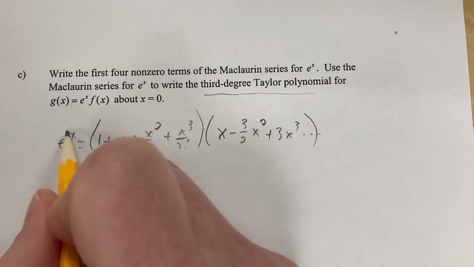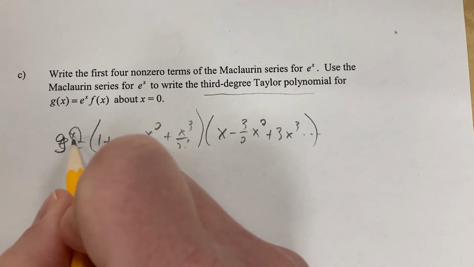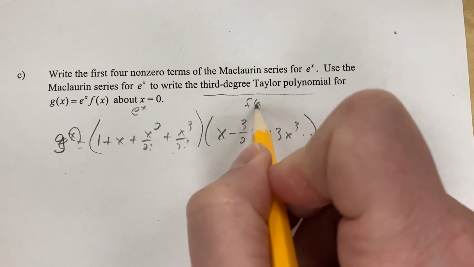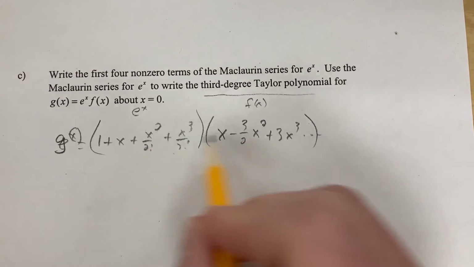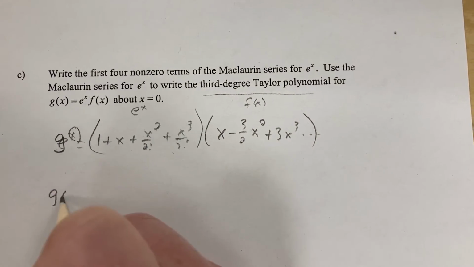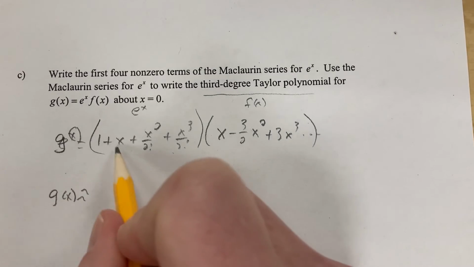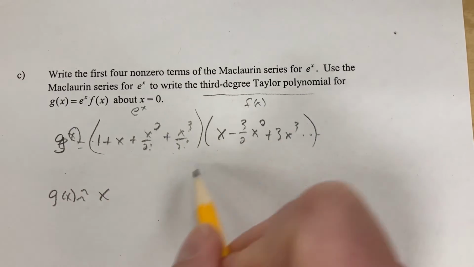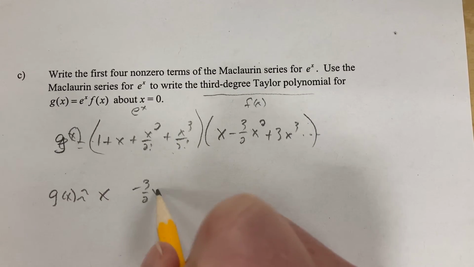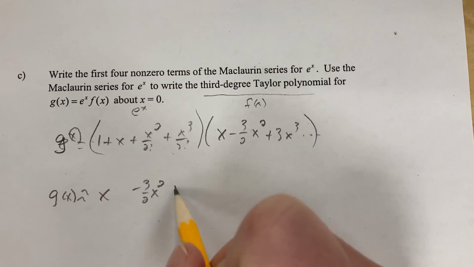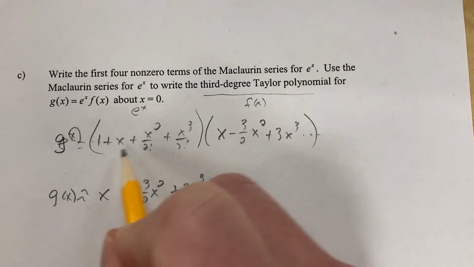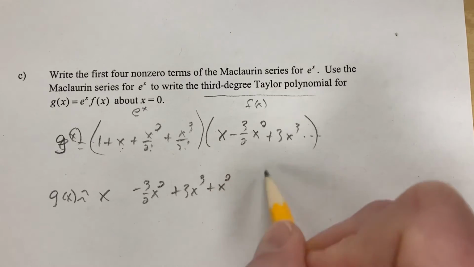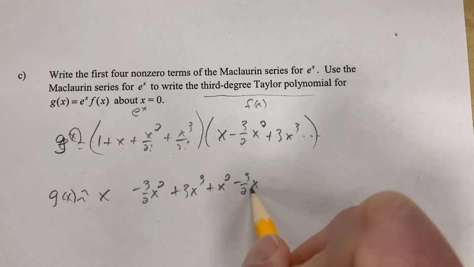This is e to the x here. This is f of x here. Okay, so g of x is equal to all of this multiplied down. g of x is going to be 1 times x, 1 times this, negative 3/2 x squared, 1 times that, which is 3x to the third, then x times that, which is x squared, x times that is negative 3/2 x to the third.